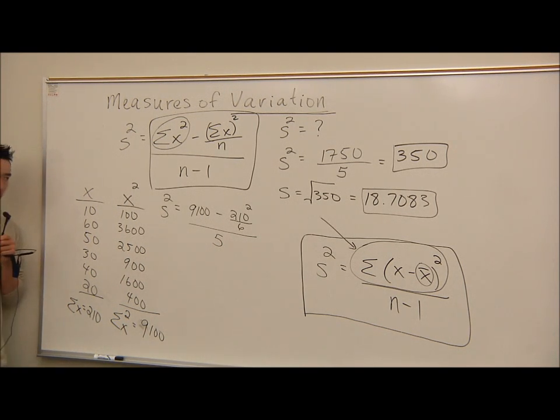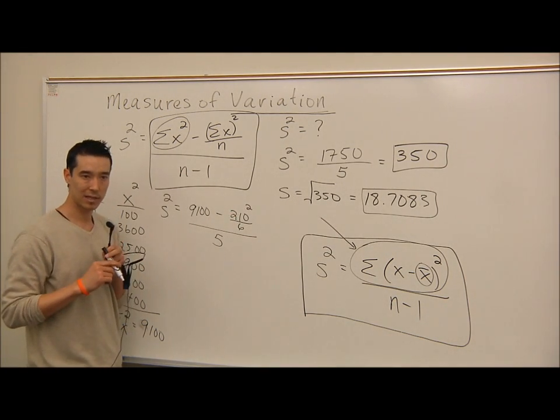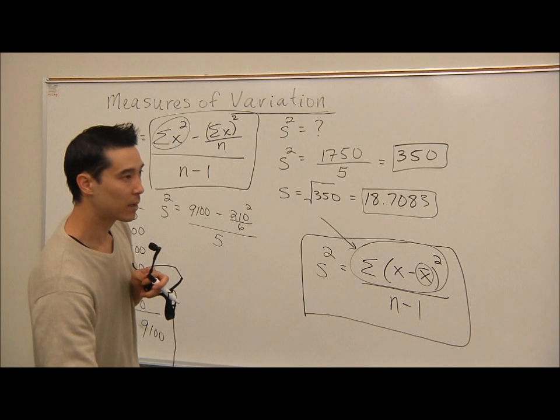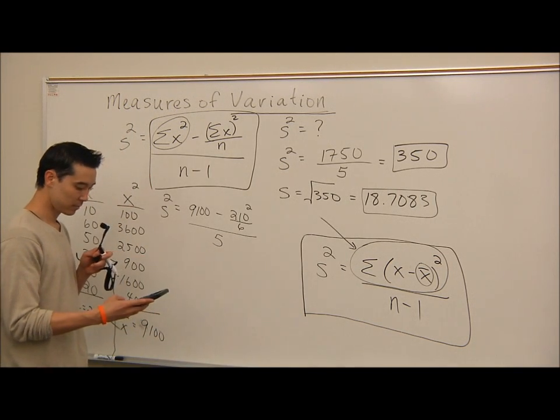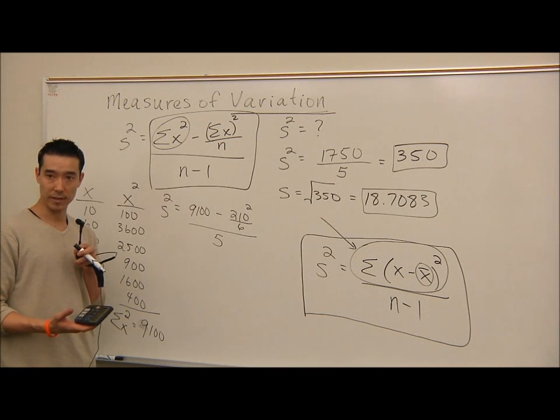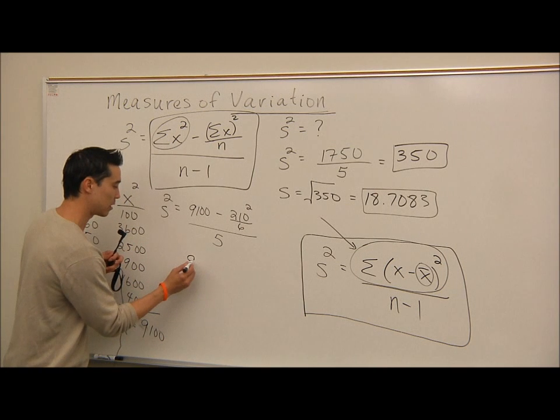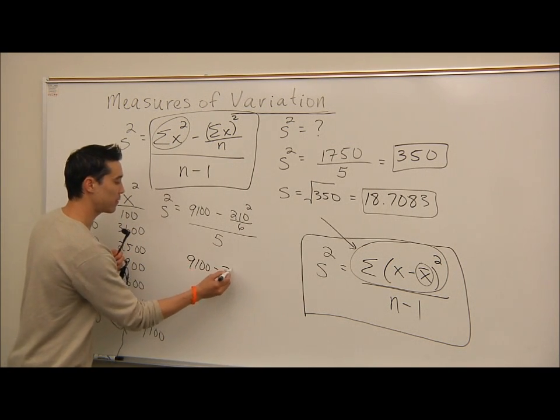All right, so in your calculator, be very careful here. Do 210 squared first. Hit enter. Divide that by 6, and you get 7350. Is everybody with me on that? So you have 9,100 minus 7350.